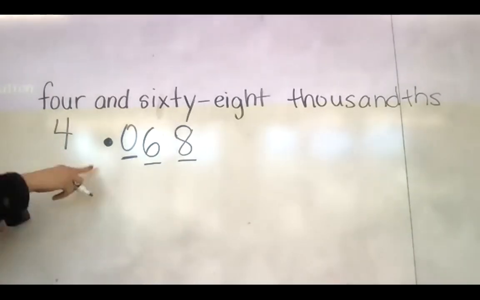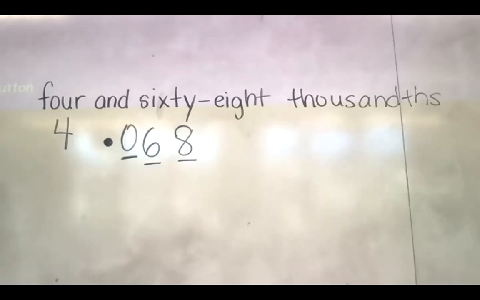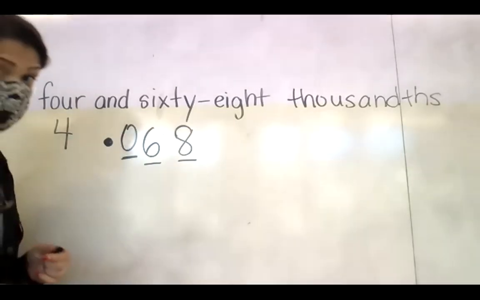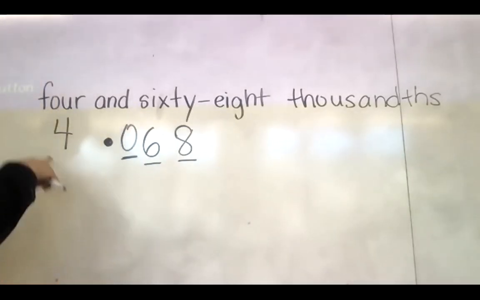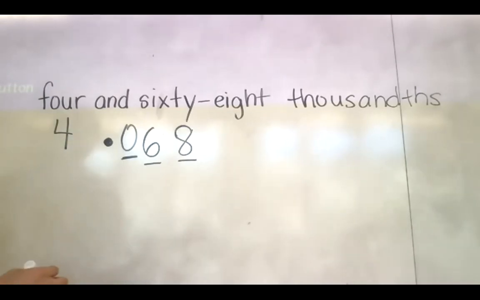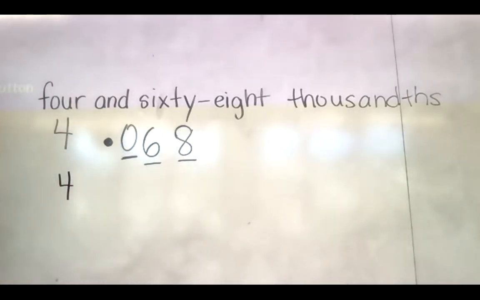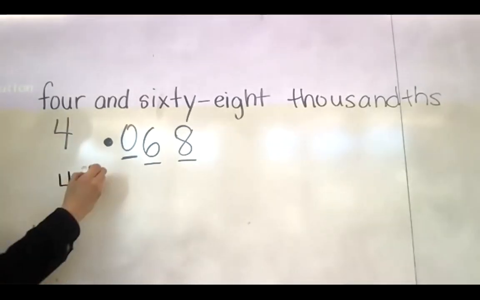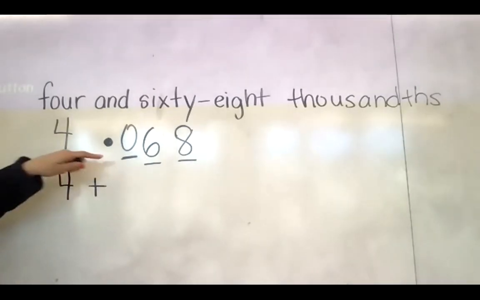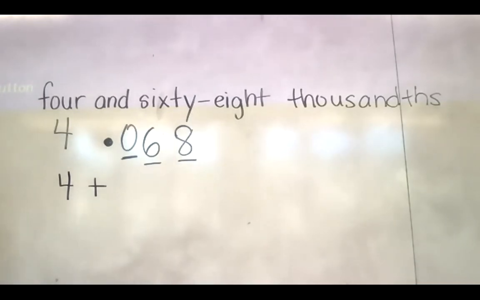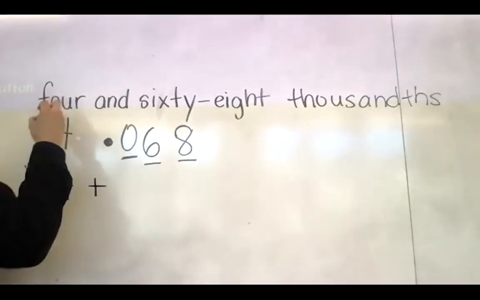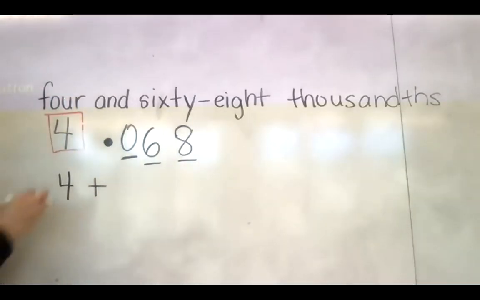Right. So let's look at this now. How would I expand it? Well, we're going to take one number at a time. Let's expand this. The first thing you write is your whole number. 4. Done. Plus, what's my next number? Do I need to write a zero?